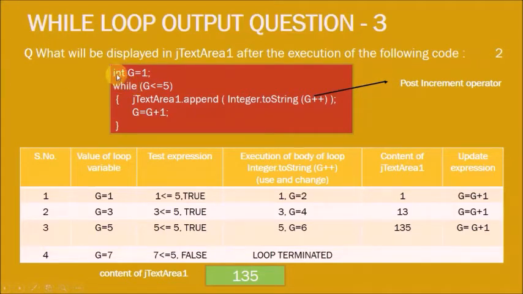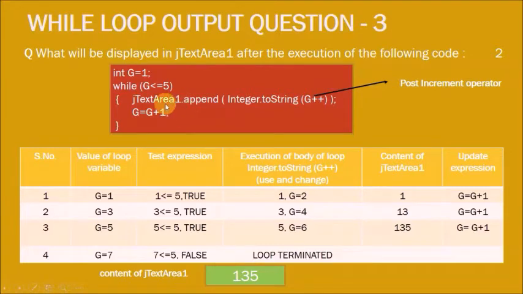Now the code is int g is equal to 1, while g less than equal to 5, and then within the parenthesis jTextArea1.append(Integer.toString(g++)); and then g is equal to g plus 1.